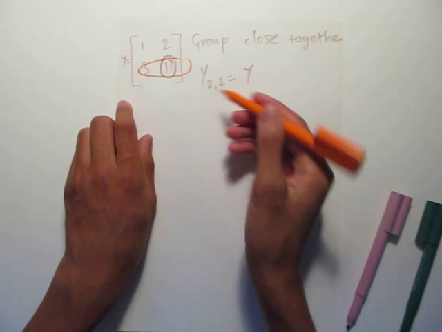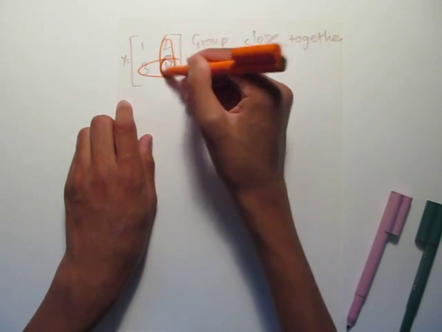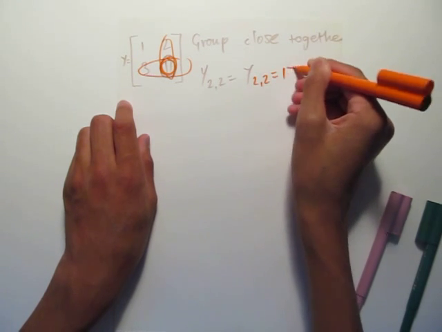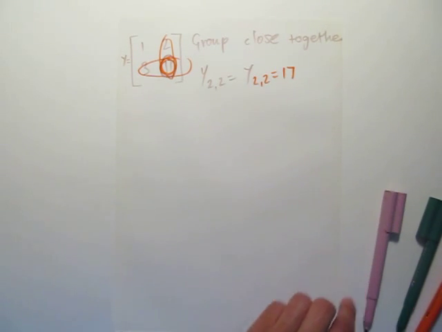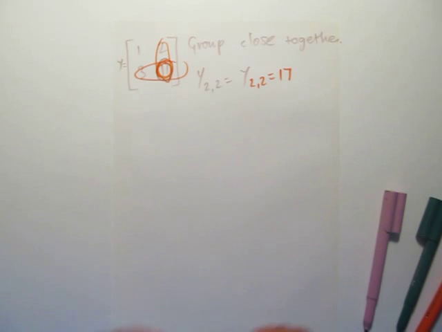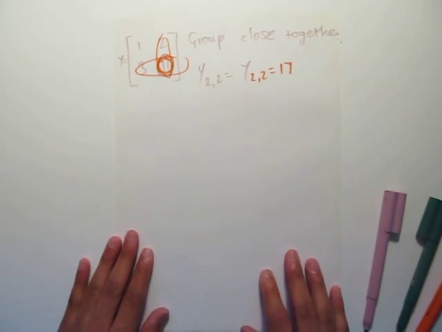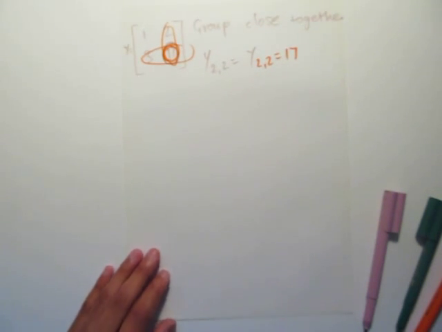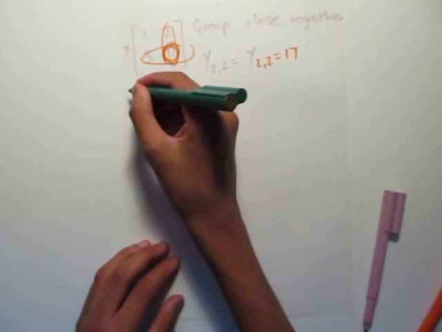And column 2 is in this column here. So this has been overlapped twice, so Y 2, 2 equals 17. That's pretty much what you need to know as an introduction for beginners, Matrices 101.